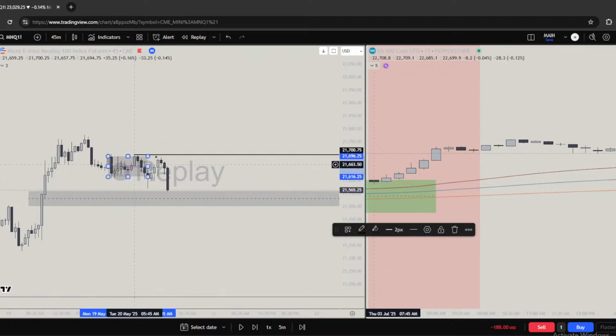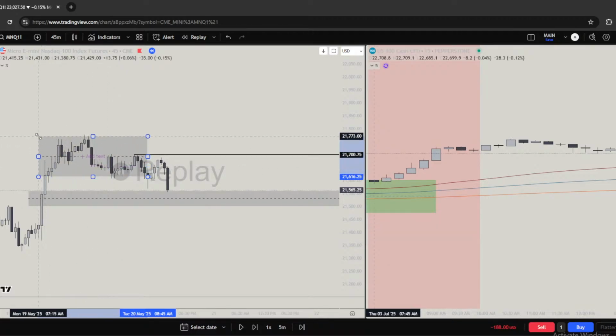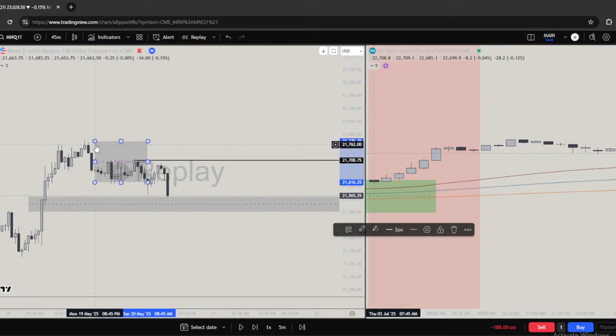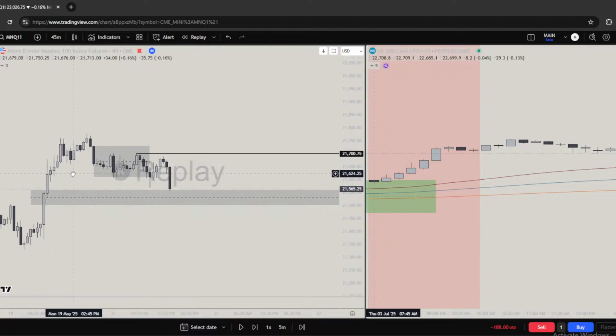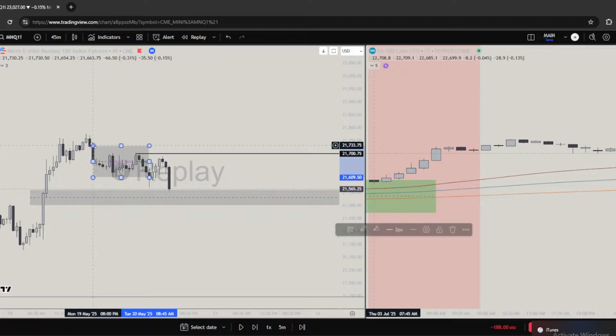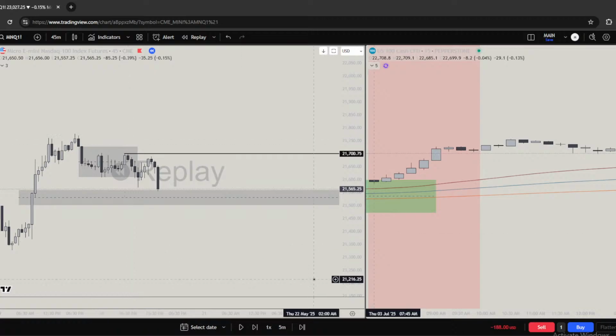So I was still trading in the wash, all of this. I was too zoomed in. I was down here. Need to zoom out. Alright, I think I'm done, man.